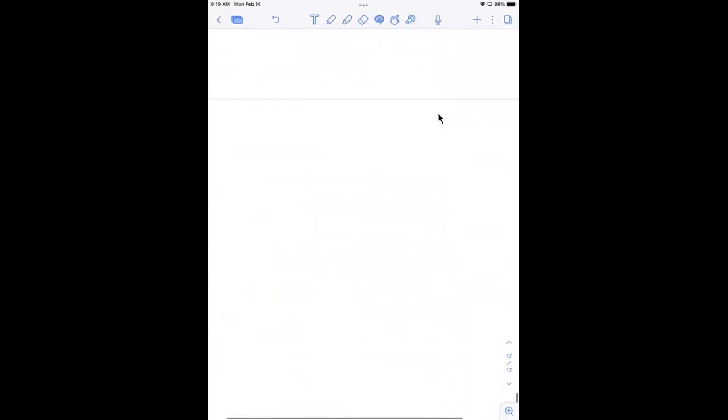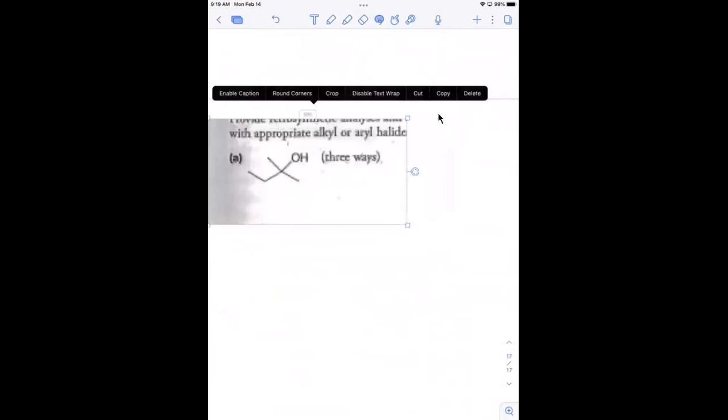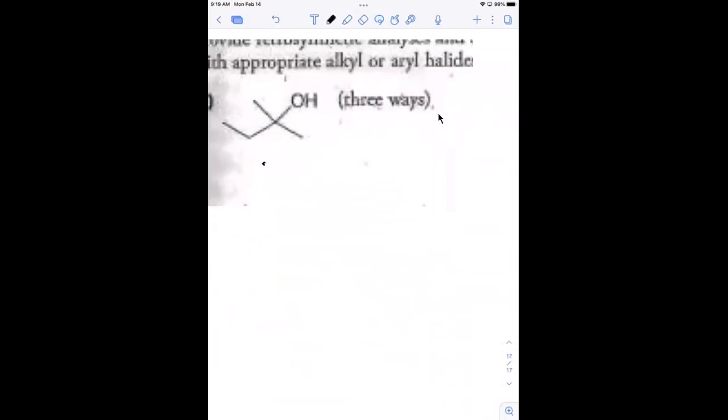So A asks for the same thing. It asks you to make this alcohol. You can see right away that it's a tertiary alcohol. So that means what? What's my start material? What would my start materials be?